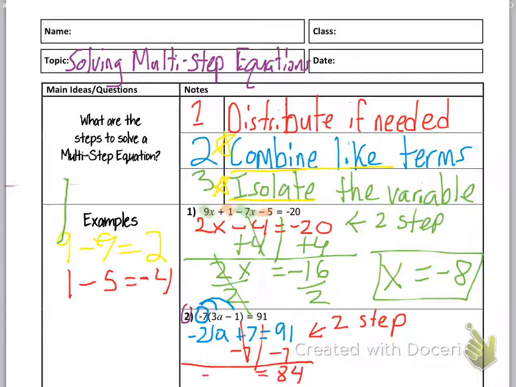I'm going to copy the negative 21a. The last step will be to divide by negative 21 on both sides. So A would equal a negative 4.